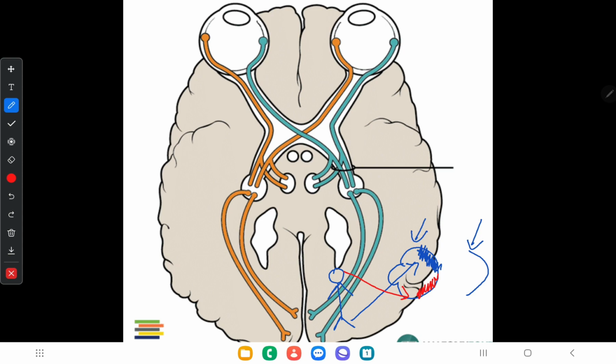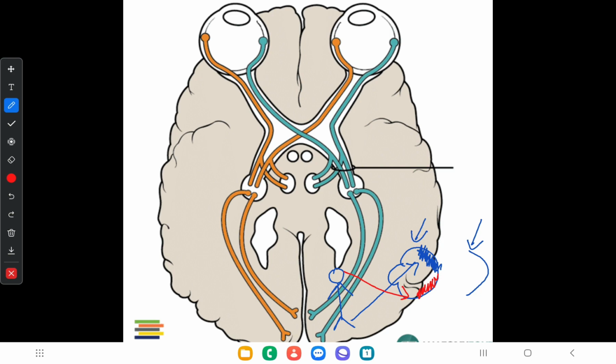Then the lower fibers of the optic radiation form a loop by first turning anteriorly into the temporal lobe. This loop is in close relation with the inferior horn of the lateral ventricle. Then these fibers turn posteriorly to reach the cuneus in the lower lip of the calcarine sulcus.